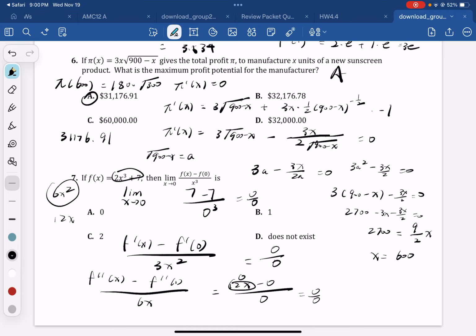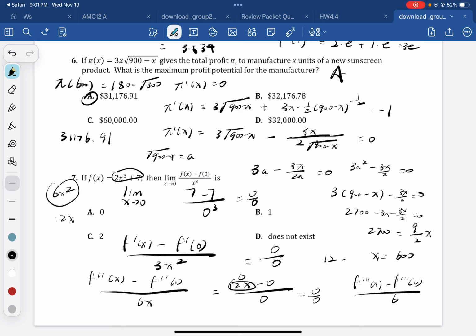We go on. So f third prime of x minus f third prime of 0 over 6. So the third prime of it is 12 minus 12.